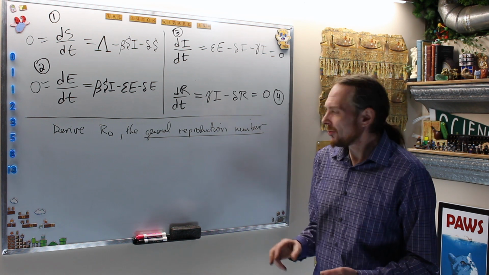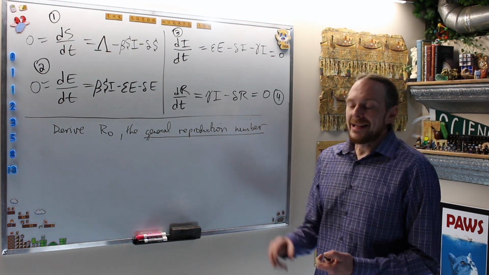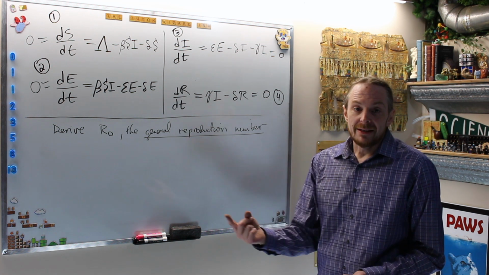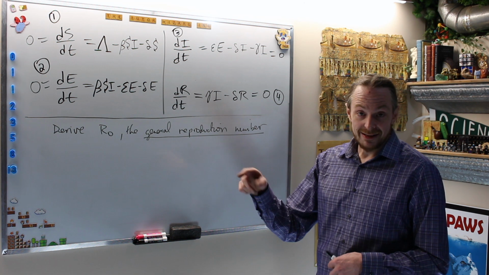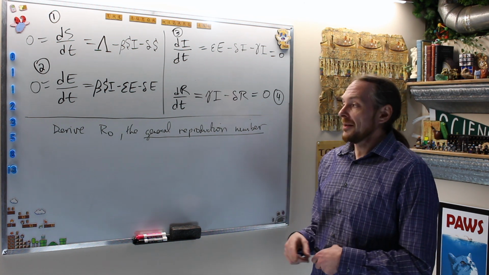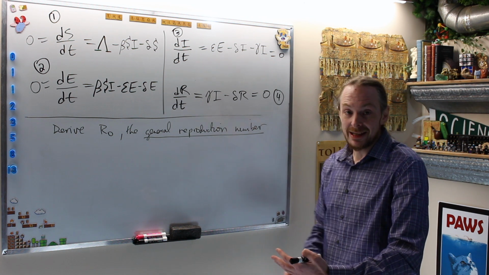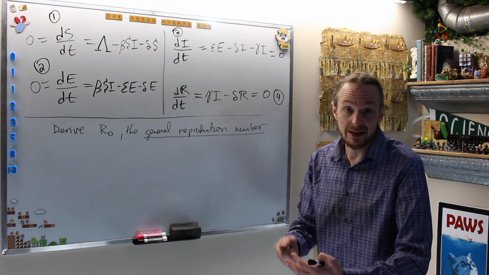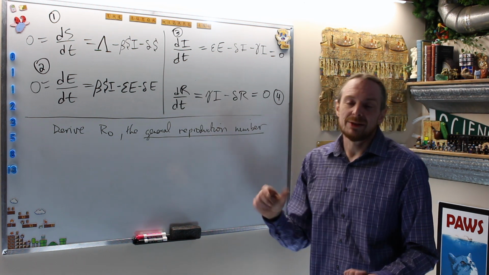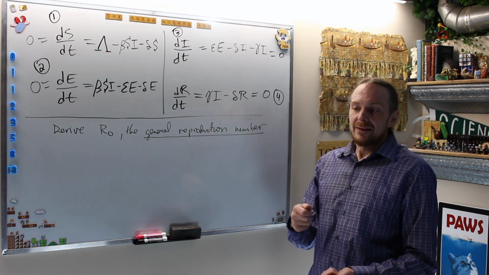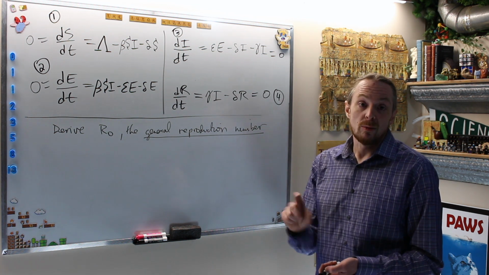Essentially, the general reproduction number is the number of new cases any single infected individual is going to create and produce, infecting susceptibles, assuming we have a susceptible population which is entirely disease-free. For every infected individual that we introduce to the population, if the R0 is 3.2, what they're saying is that every infected individual over some period of time is going to infect at least 3 more people.